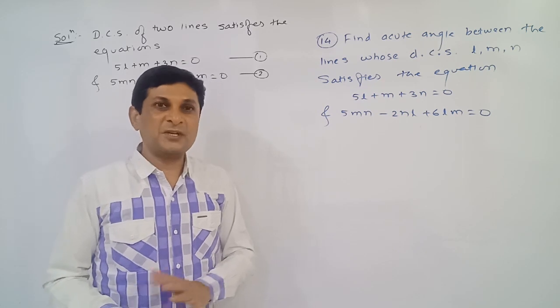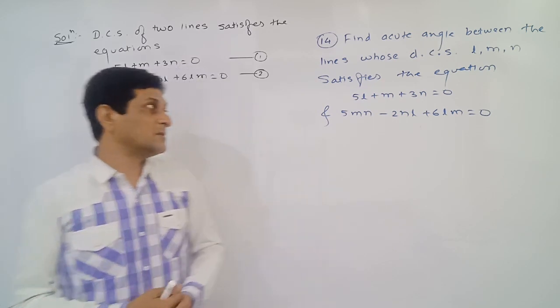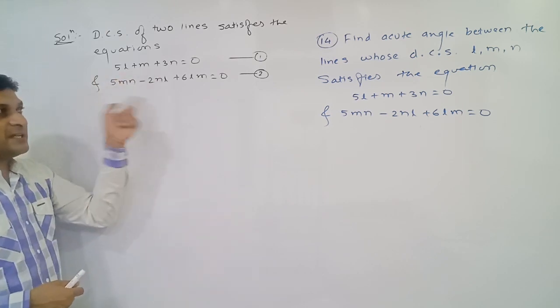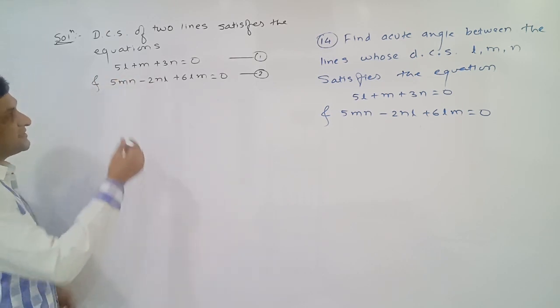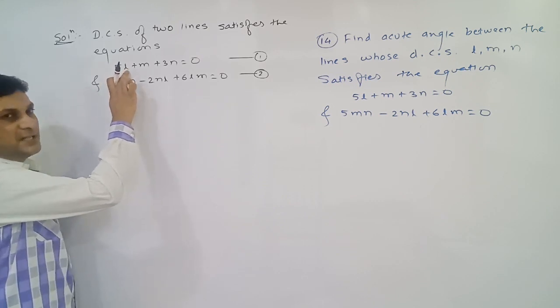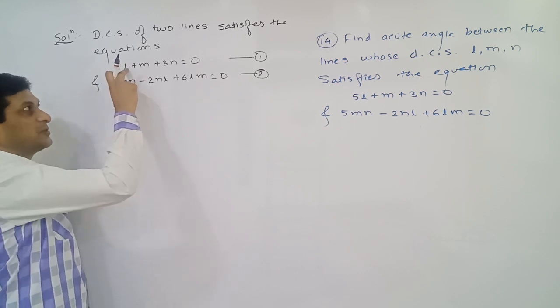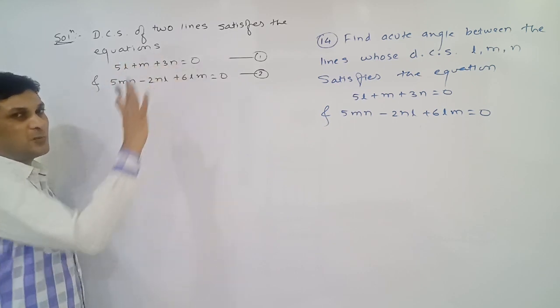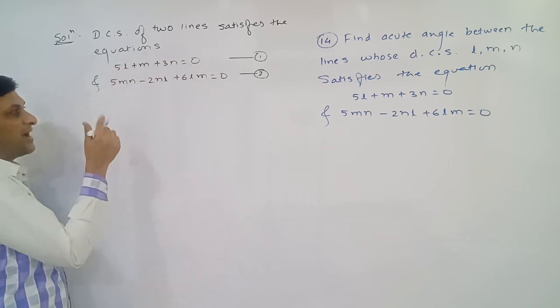Sometimes the relations may be given in terms of ABC, or maybe in terms of what? PQR also. So as it stands these relations are in terms of LMN. So in such cases whatever may be the first letter here, I am giving priority. That is your choice. You are able to substitute the value of L also, or M also, or what? N also. As it stands here from equation first I am finding the value of L.